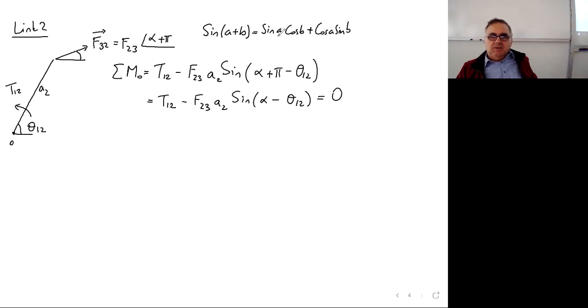In which case sine pi would be what? 0. And cosine pi would be -1, so this would be a plus.